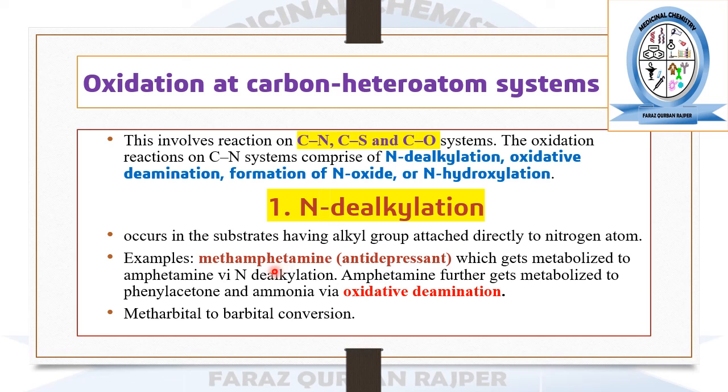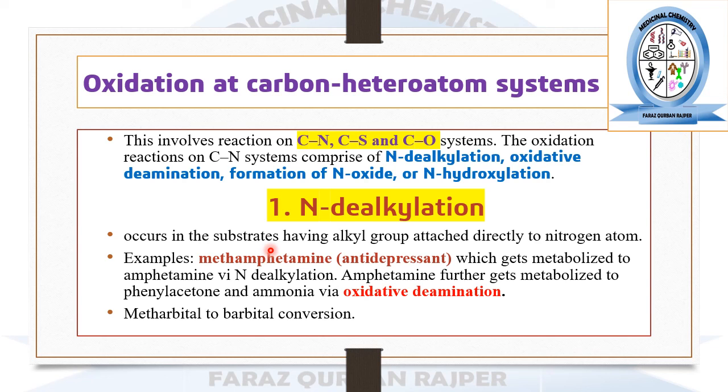For example, methamphetamine, one of the antidepressant drugs, gets metabolized and converted into the amphetamine molecule. Amphetamine is basically a metabolite of methamphetamine via N-dealkylation. The name itself indicates that meth shows the presence of a methyl group in its chemical structure at a particular site.